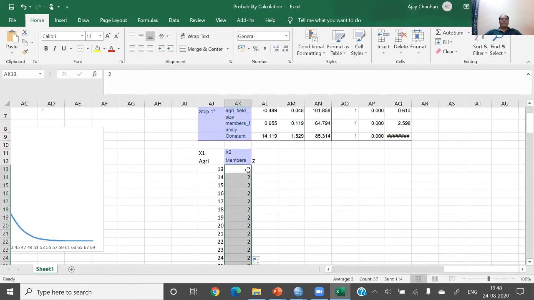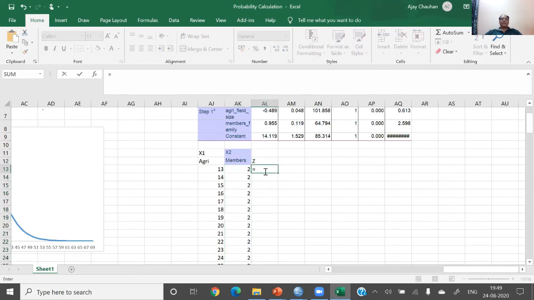So what is the value of z in that case? z is equal to constant plus beta 1, with the dollar sign, multiplied by x1, plus beta 2, this constant value, multiplied by the members of the family, and so on. So this is the value of z.